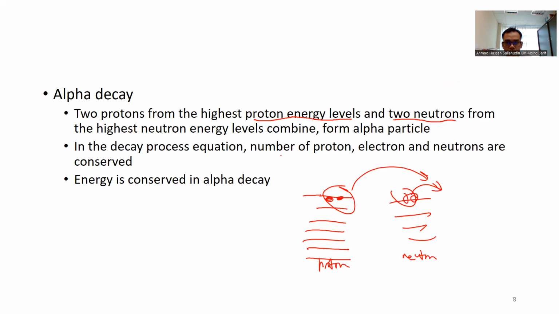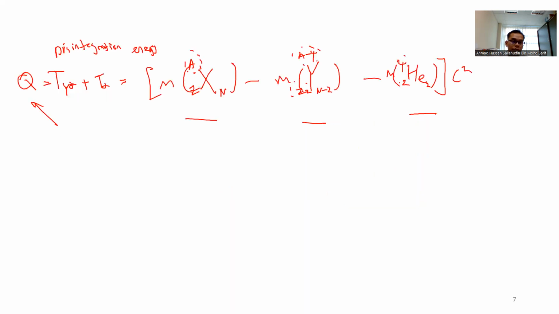So the number of protons, neutrons, electrons that represent the charge, and also energy are conserved in alpha decay, with the energy known as disintegration energy, which we indicate using Q.